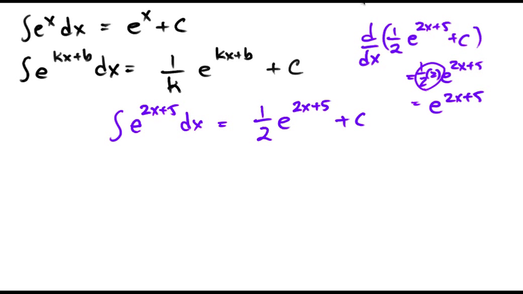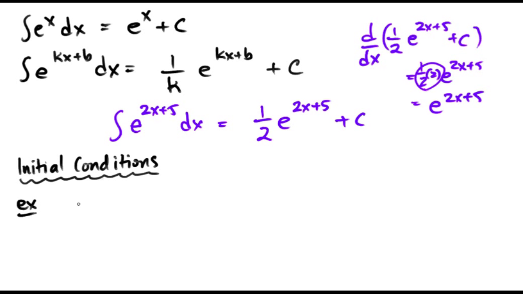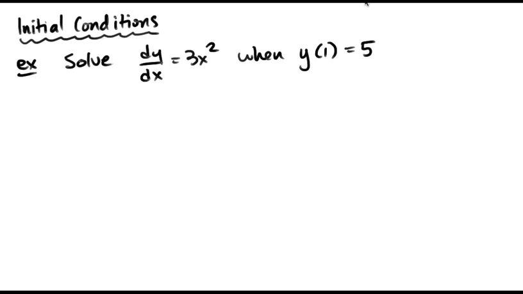There's another type of question that eliminates the plus c in a certain way, and it's called an initial condition question. And it looks like this. Solve for y when dy over dx, which is like y prime, is equal to 3x squared, when x is 1, y is 5.